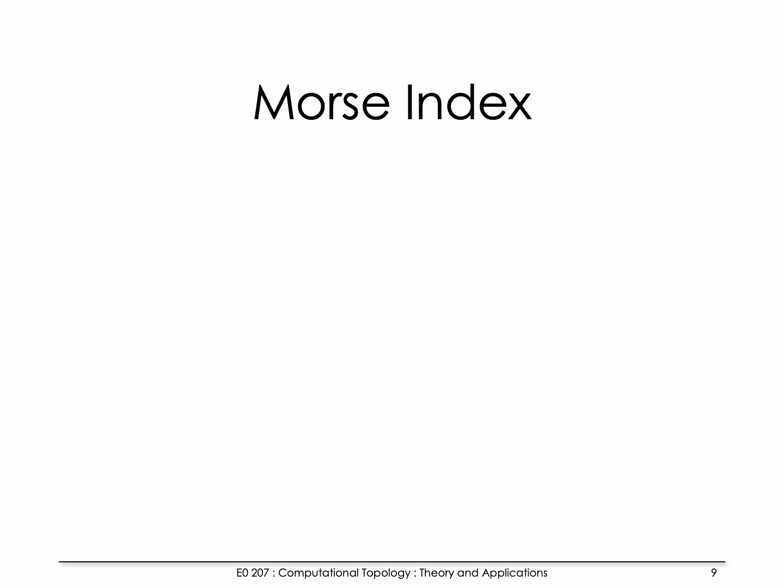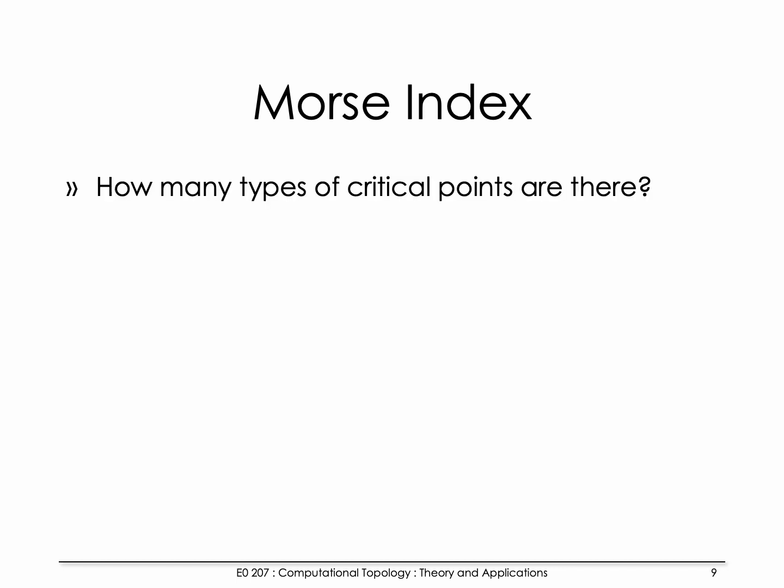Remember that the topic of this lecture was to try and understand critical points of scalar functions. We already know that the critical point can be identified by studying its gradient, essentially looking at all the points where the gradient goes to 0. We were further interested in classifying the critical points. So we were asking the question, how many types of critical points do we have?